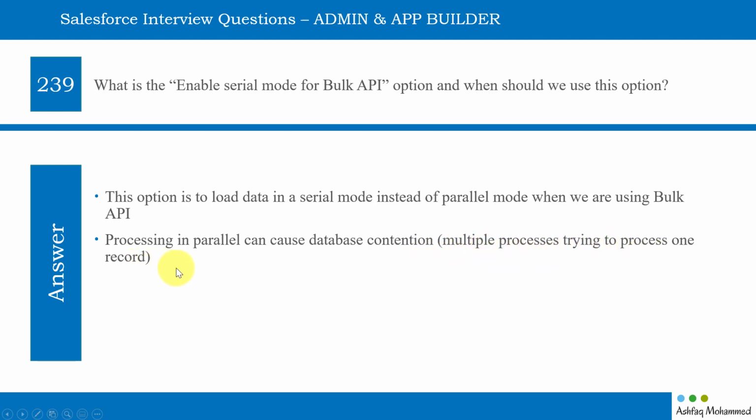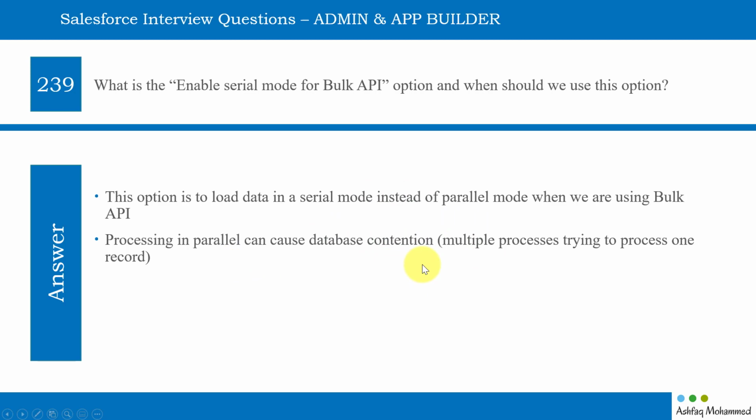I can give a very big explanation on this one, but to brief you, I have one parent record, and let's suppose 200 child records, or maybe two child records as well. One batch has one child record and another batch has another child record. If both the batches try to update at the same time, then it will give these contention errors.